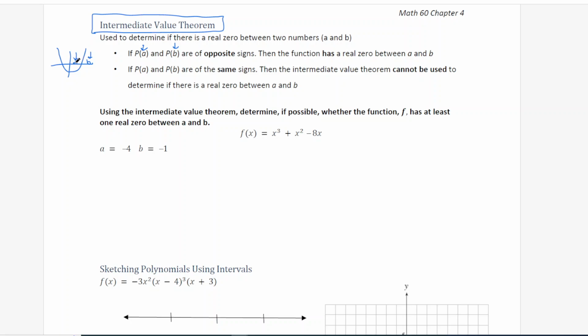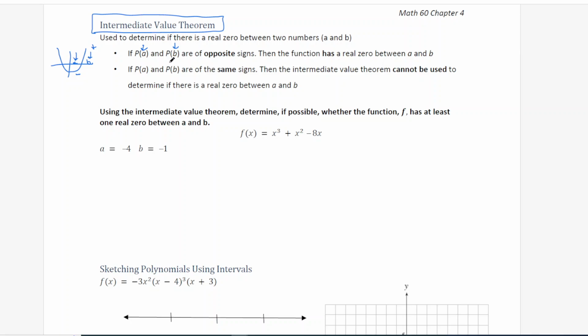So if I looked at the y value at this x value a, it would be negative. And if I looked at the y value for this x value b, it would be positive. Since the graph went from a negative y value to a positive y value, that means that you had to go through the x-axis, meaning there had to be a zero between those two x values.